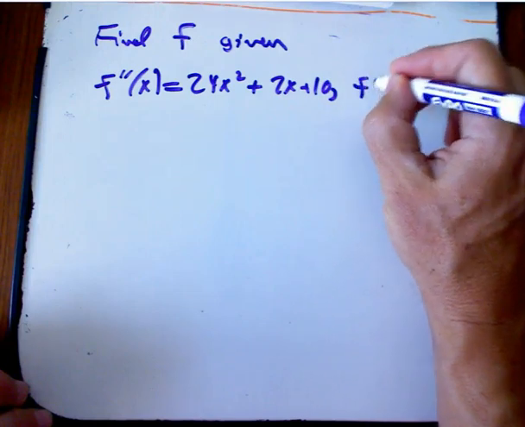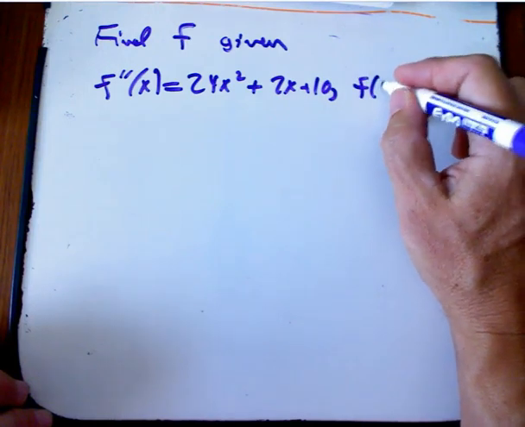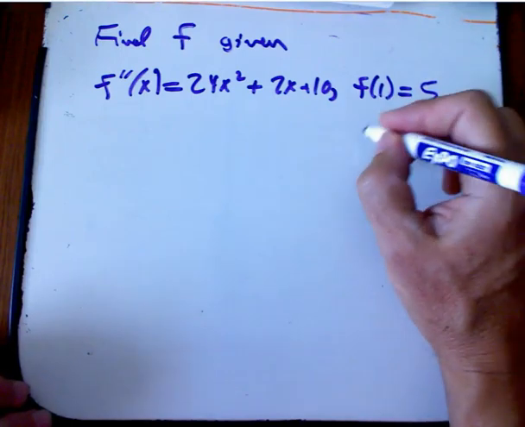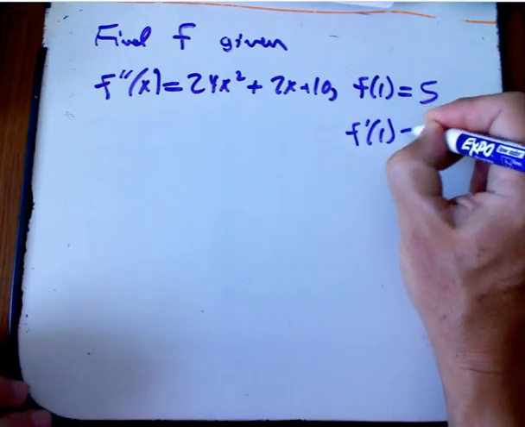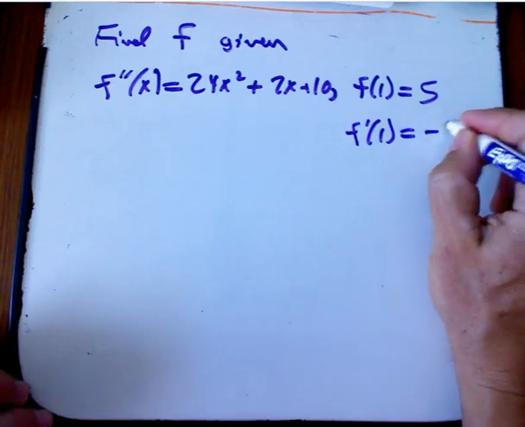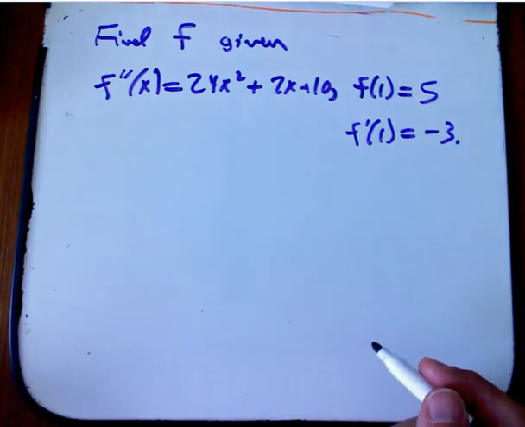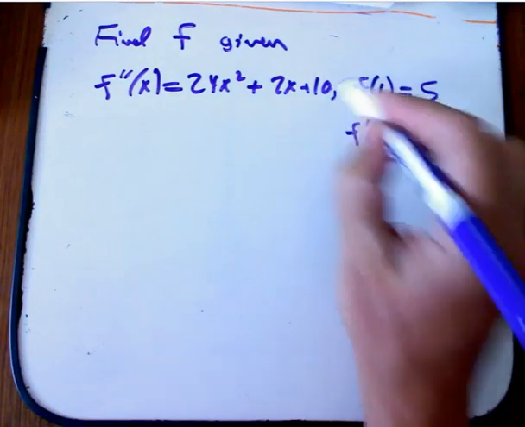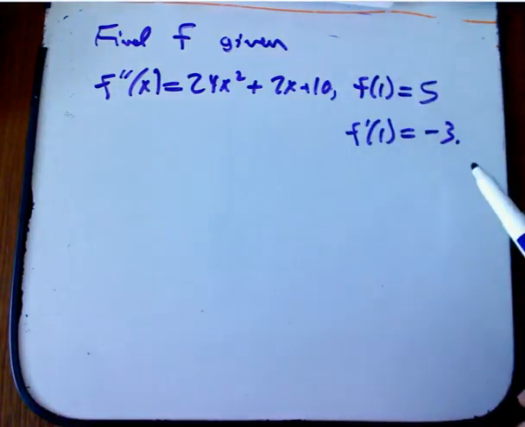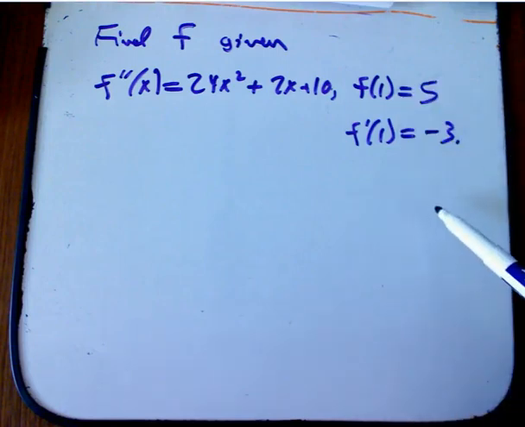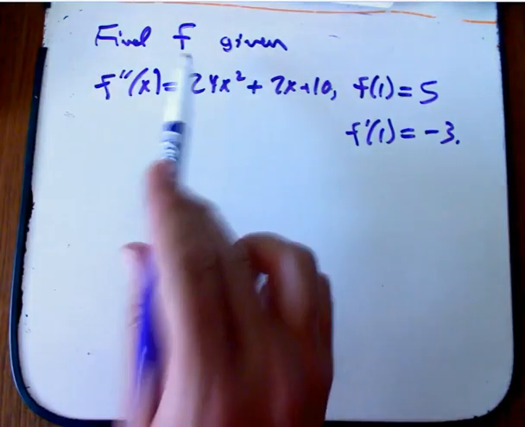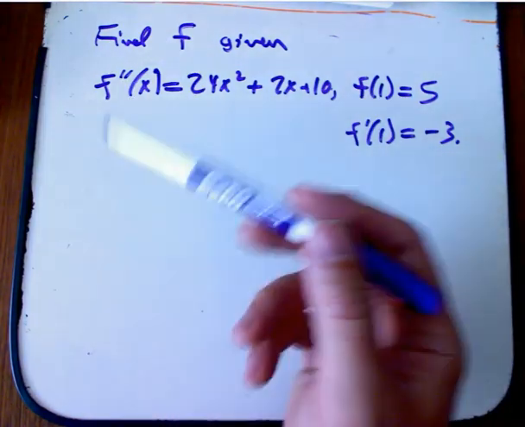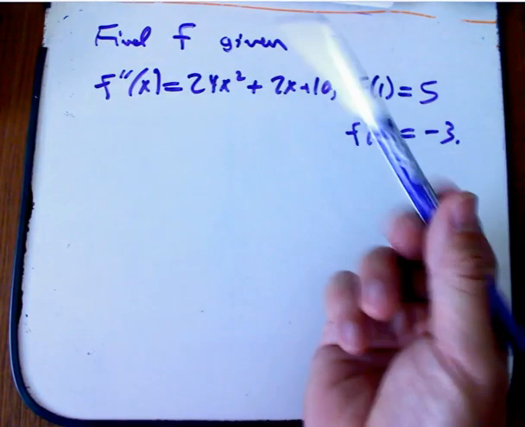And I'm going to tell you a single value of the mystery function itself, and a single value of its first derivative. Okay, so that's interesting. And we'll see why, just purely mathematically, we're going to need something like this information, and this is exactly going to work to get a unique answer for little f. Just like second derivatives are first derivatives done twice, we're going to undo that twice.